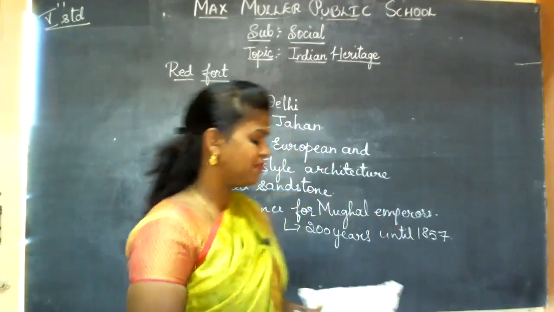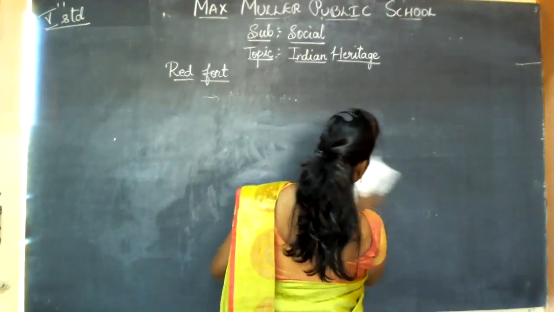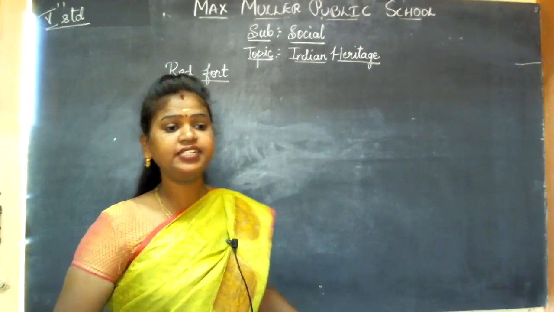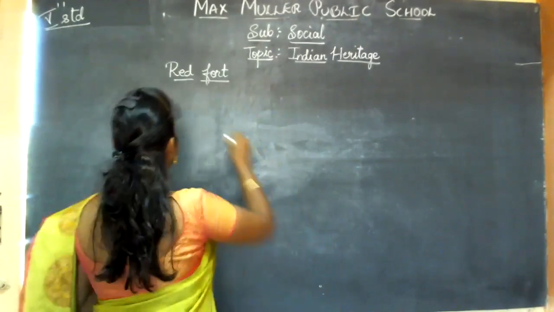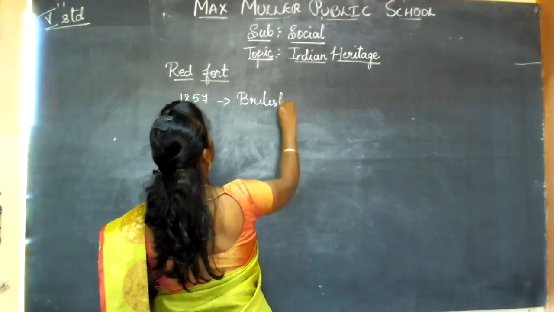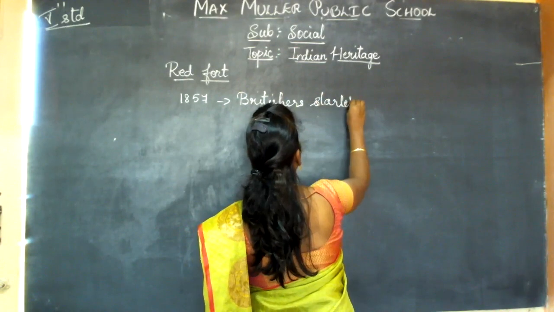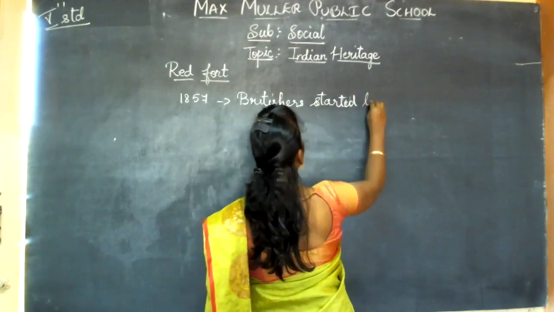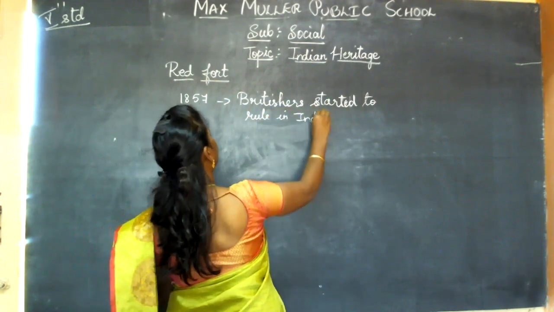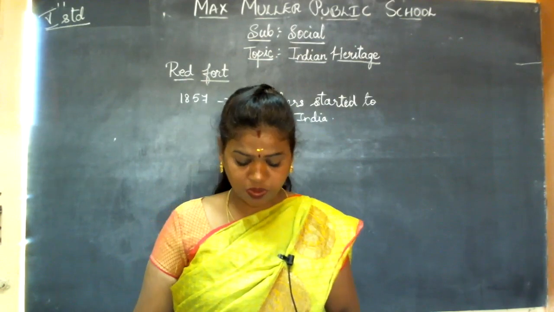After 1857, what happened, children? After 1857, the Britishers started to rule in India.